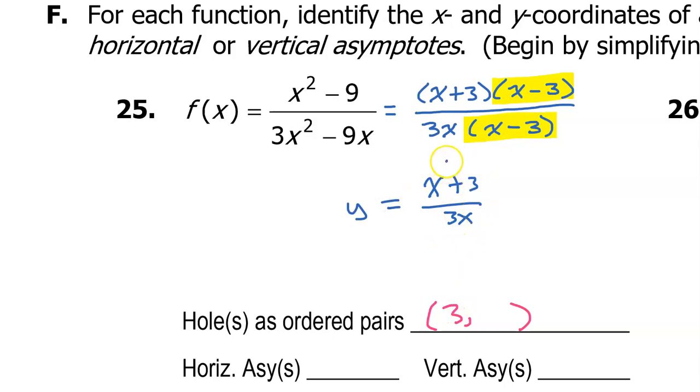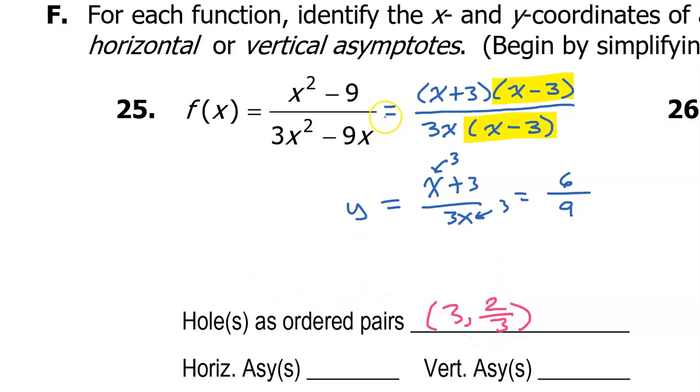We will simply go ahead and plug in the 3, substitute 3 for these x's. So let's just do it mentally. We have 3 plus 3, so that's going to be 6, and 3 times 3, so that's going to be over 9. So of course this will reduce down to 2 over 3. So we have a hole at 3 comma 2 over 3.